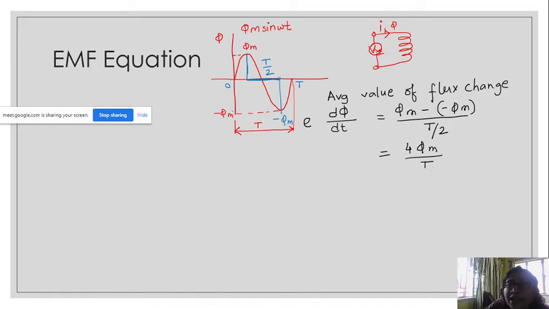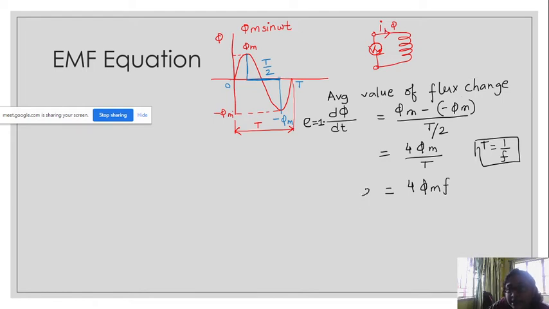So if the number of turns N is equal to 1, from Faraday's law of electromagnetic induction, I can write that E equal to d phi by dt. Now I know there is a relation between time period T and frequency: T equal to 1 by f. If I put this in the equation, I find 4 phi m into f.